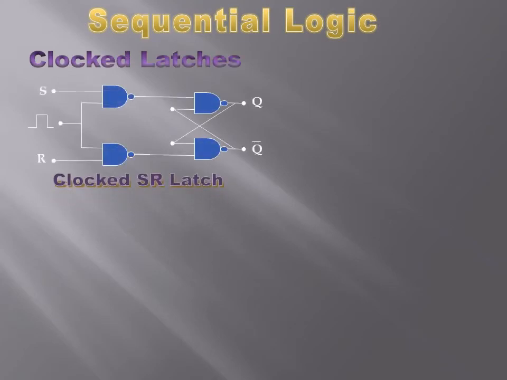If we move towards the other modification of the same latch, we add a stage of two more NAND gates and make it dependent on the clock pulse. So if S and R are fed and the clock is not given, the circuit will not work and the latch will not get any information.